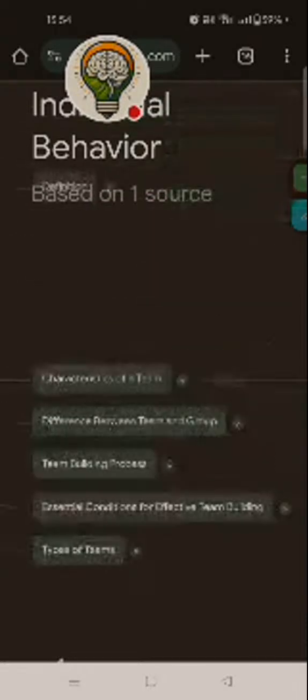Then comes the difference between team and group. Size: a team has few members and a group has many members. Performance: a team has individual and joint performance, and a group has personal only.